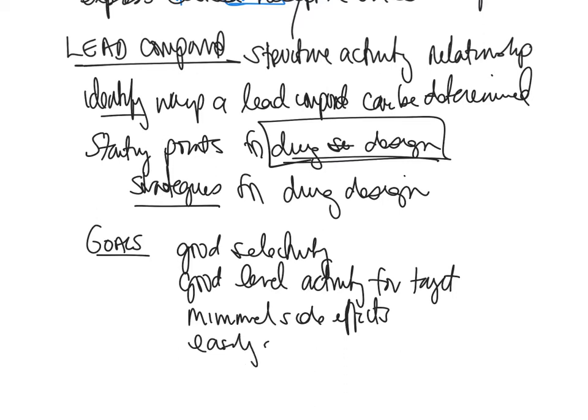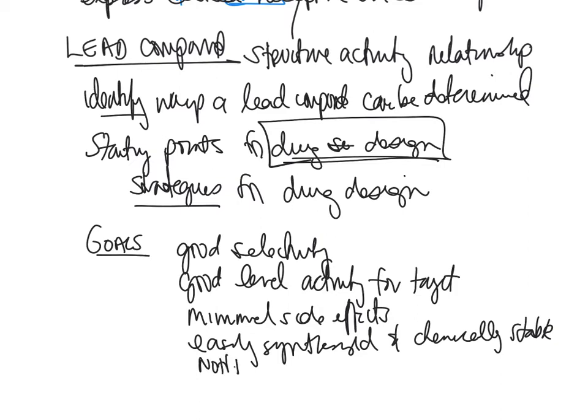You want something that can be easily synthesized, and you want something that's chemically stable. You want something that's non-toxic. That's why we think about phase 1 and phase 2 metabolism. You want something that has acceptable pharmacodynamic properties.